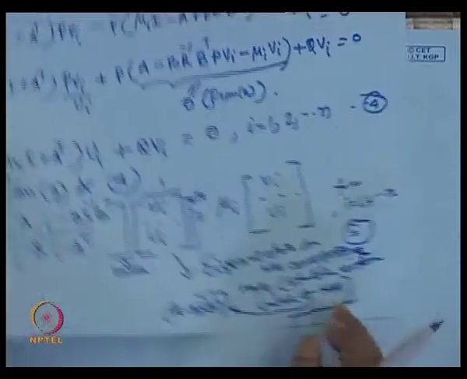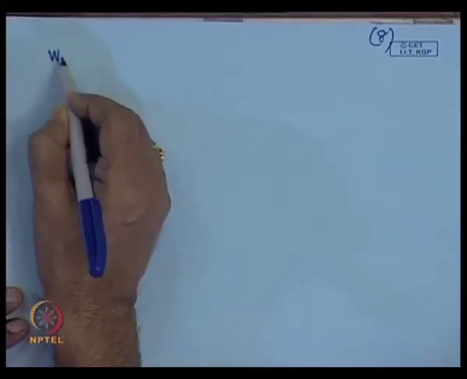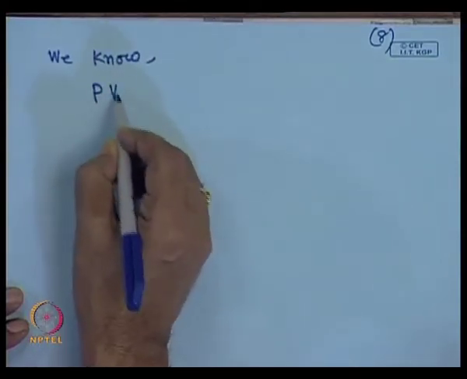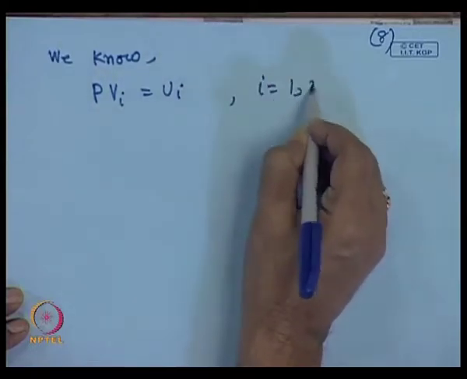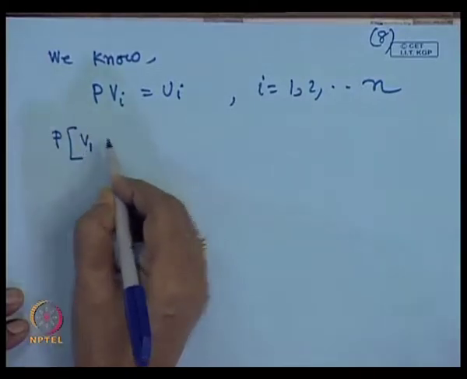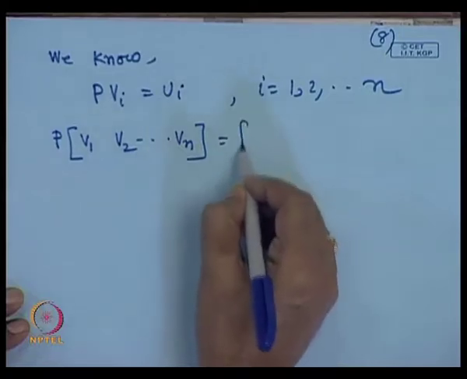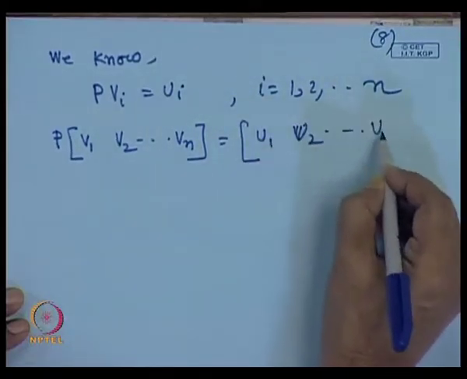Agree? So, now we have defined P V I is equal to U I, and I is equal to 1, 2, up to n. So, I can write P times V 1, V 2, up to V n is equal to U 1, U 2, up to U n.